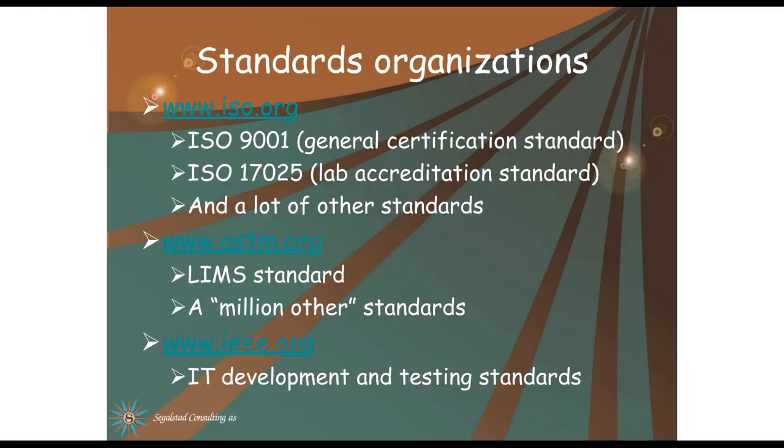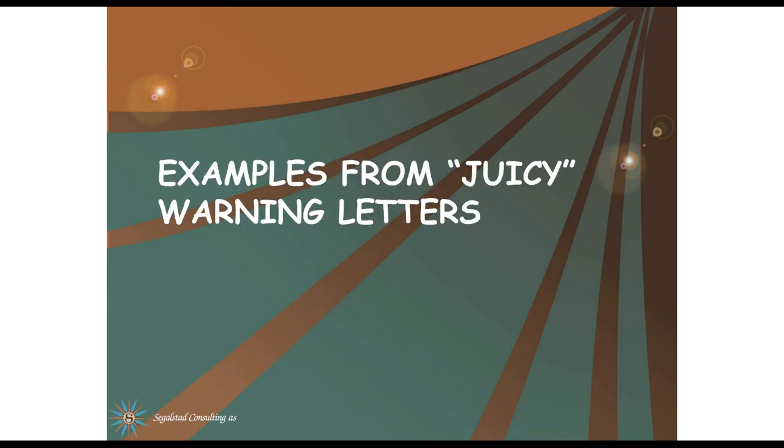There are several other guidelines to GAMP regarding special fields like testing, validation of lab instruments, etc. There are some standards organizations here in case you want to purchase or look at those standards. ISO, ASTM, IEEE.